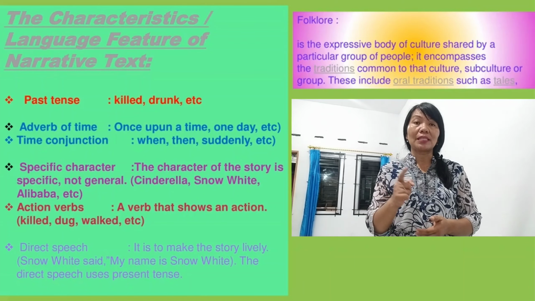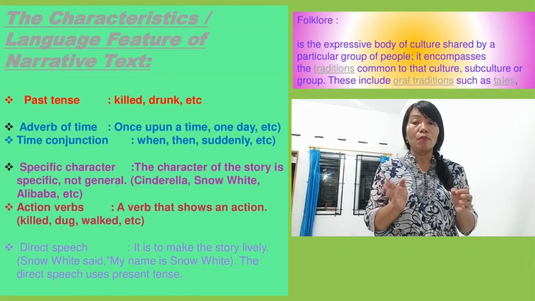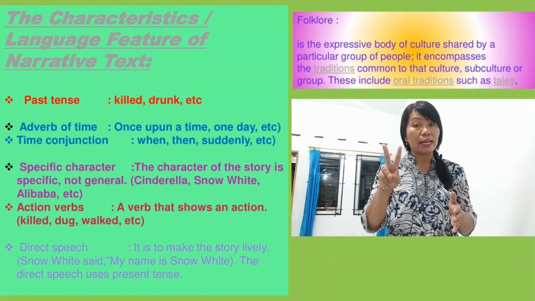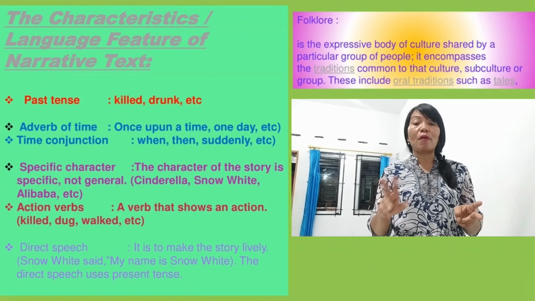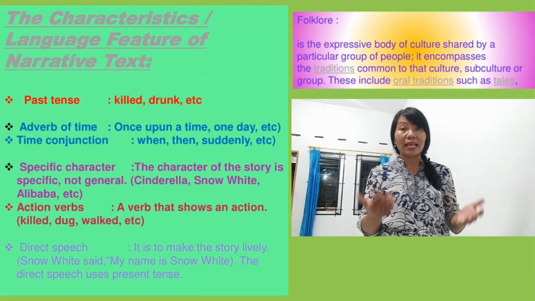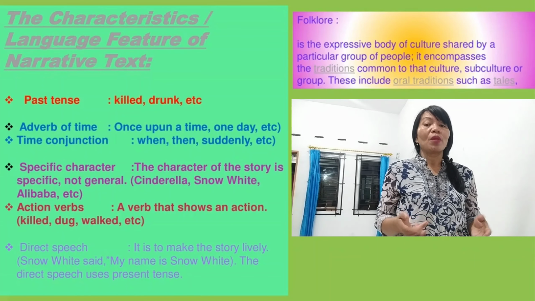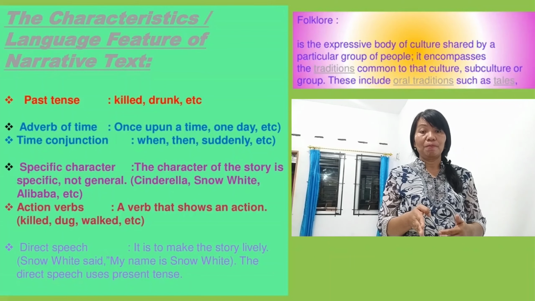First is past tense, so we need the tenses also, even though we would like to make a story or folklore or movies or everything. Past tense discusses the second verb like killed, drank, and etc. Adverbs of time like once upon a time, one day, long time ago, and etc. with the time conjunctions when, then, suddenly.